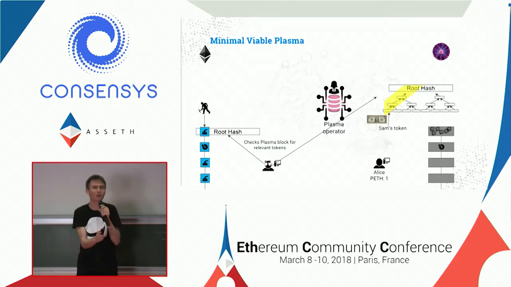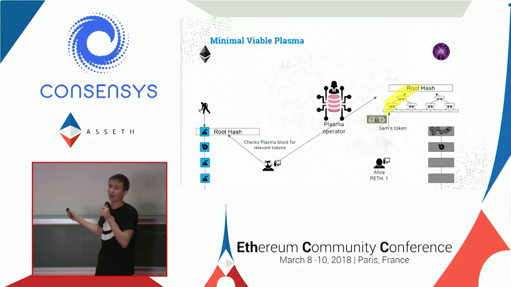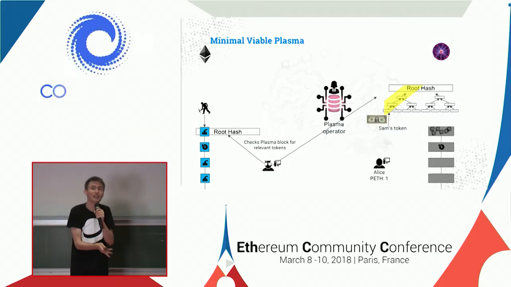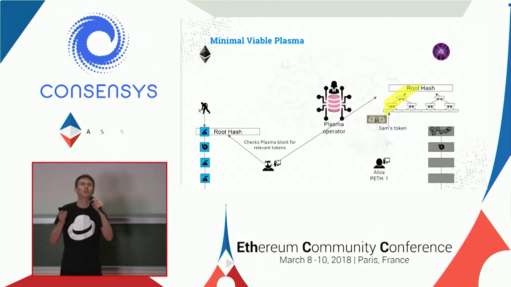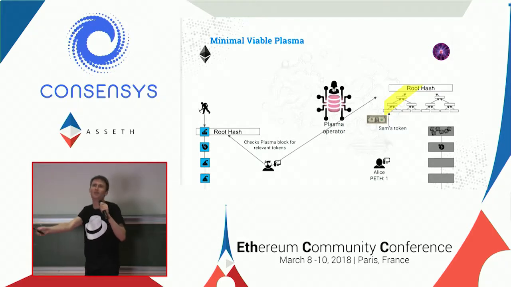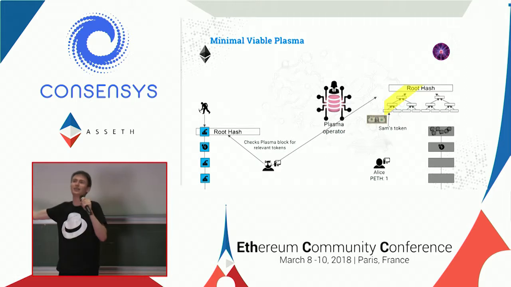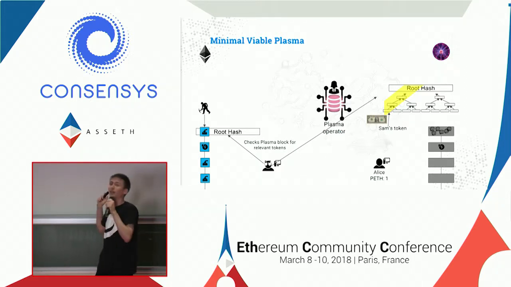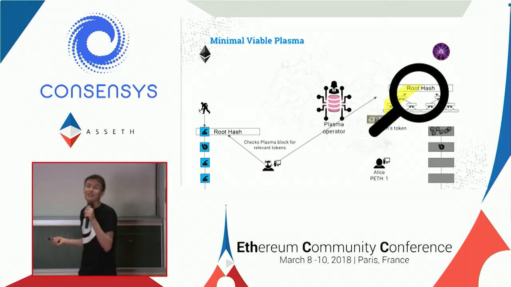And this is important because if we were to scale up the Plasma operator without this kind of sharded validation, then we would lose our security guarantees around being able to detect when some operator was malicious and exit the chain in time. So it's really about constraining the operator while still preserving security guarantees. So let's take a look at this Merkle tree.